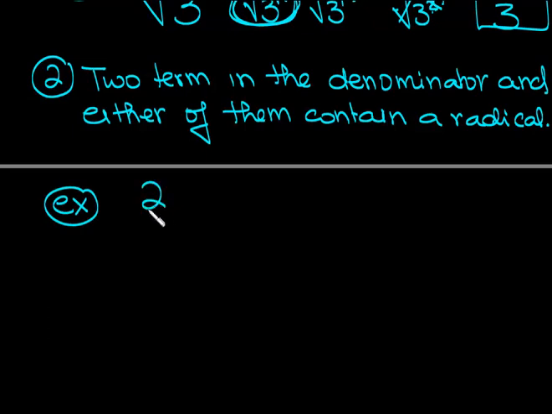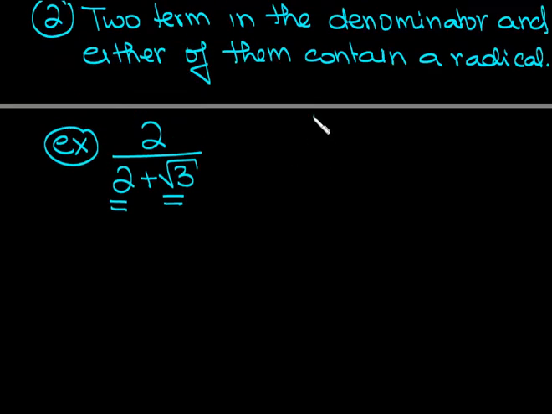I could have 2 over 2 plus square root of 3. Okay, I have two terms in the denominator, one of them has a radical. Or I could have, let me do another one right next to it. I could have something like this.